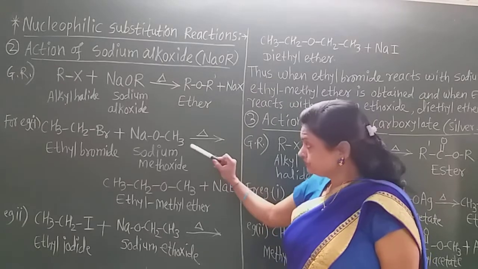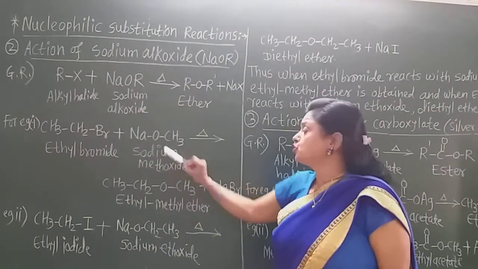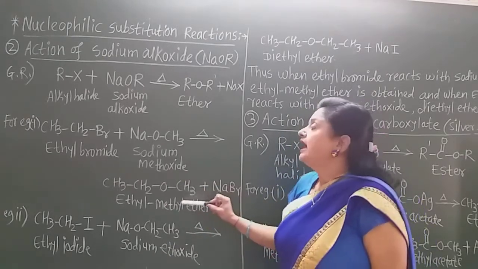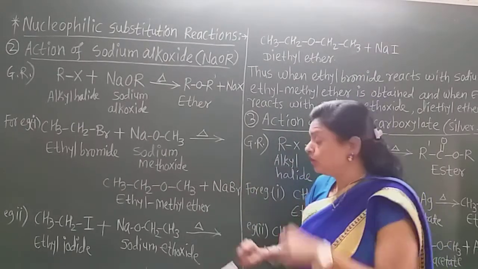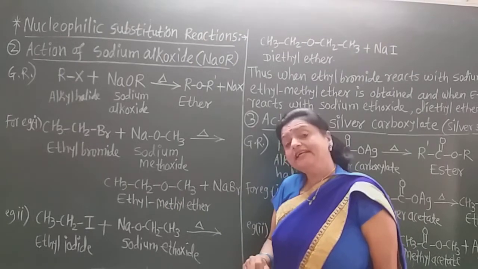On heating, the OCH3 gets attached to the alkyl group CH3CH2, and Na and Br form the byproduct NaBr. Now what is the name of this ether?